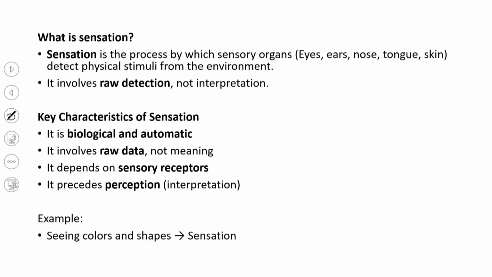So, what is sensation? When we talk about sensation in psychology, we mean it very specifically. It is a process by which our sensory organs detect physical stimuli from the environment. It is a very simple idea: our sense organs, like eyes, ears, nose, tongue and skin, detect physical stimuli from the environment.